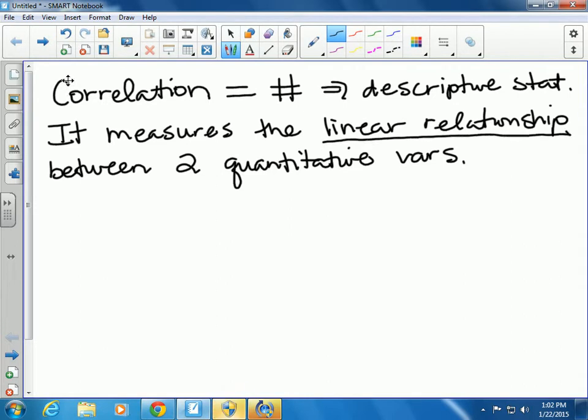So the symbol for this descriptive statistic is baby r.